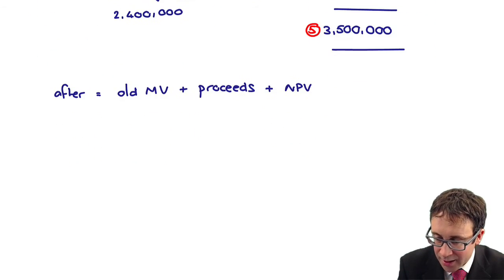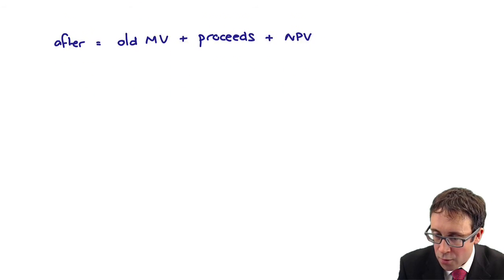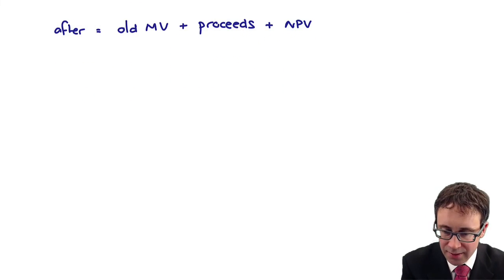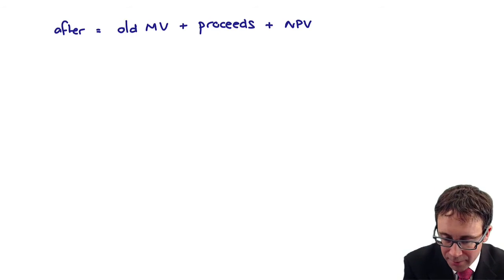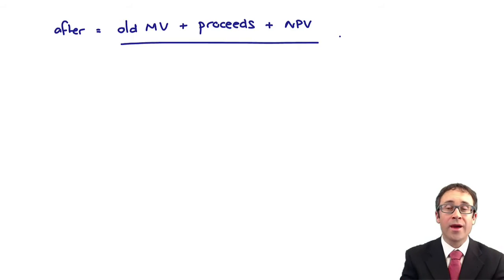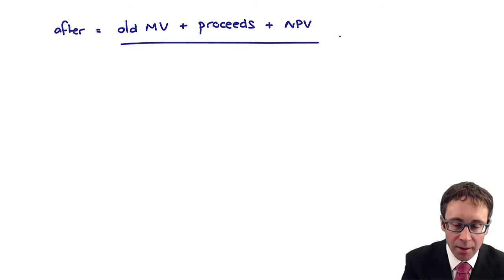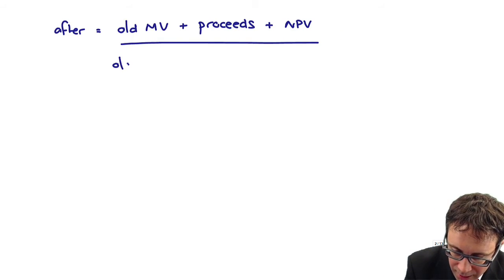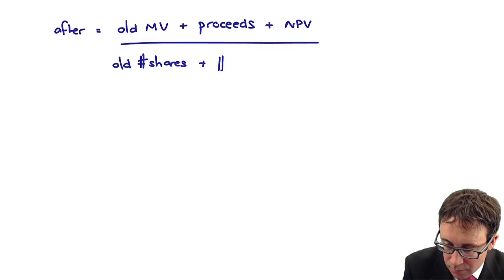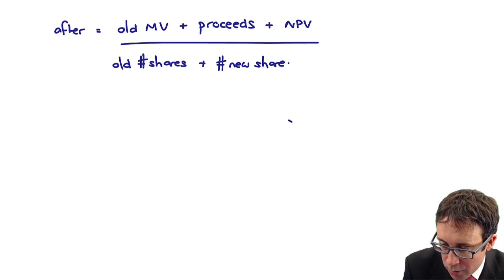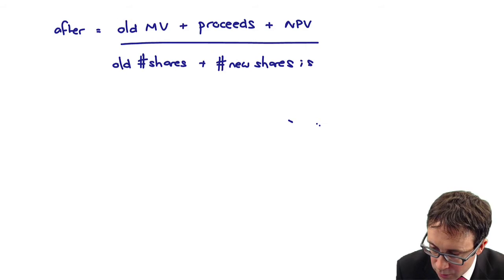So that is now the new market value of the business in total. So the total market value, the total proceeds, and the total NPV. What we then need to do is work it out on a per share basis. So we look at the old number of shares plus the number of new shares issued.